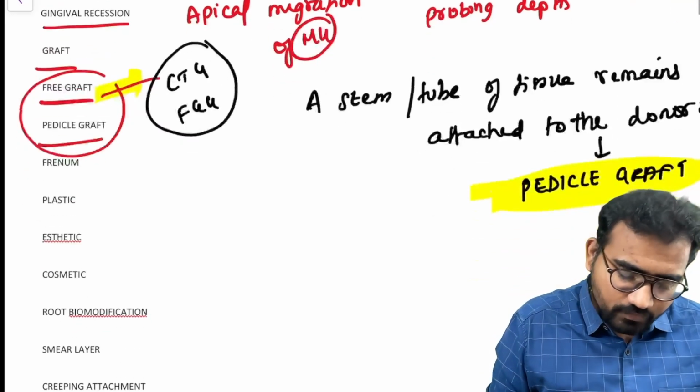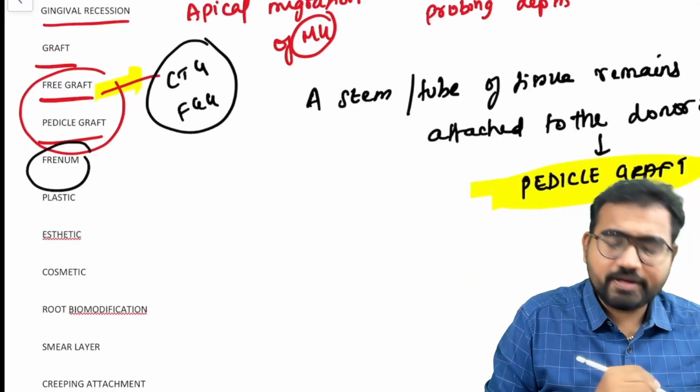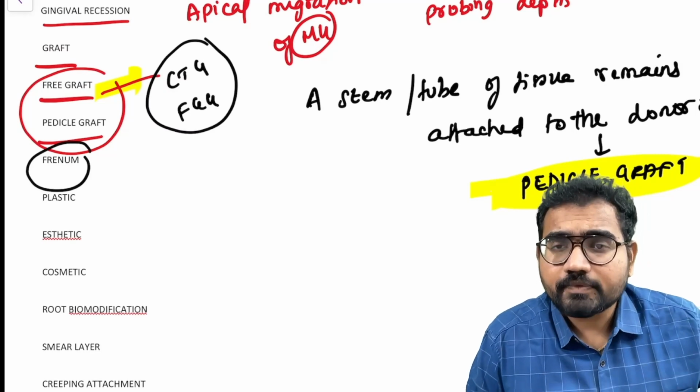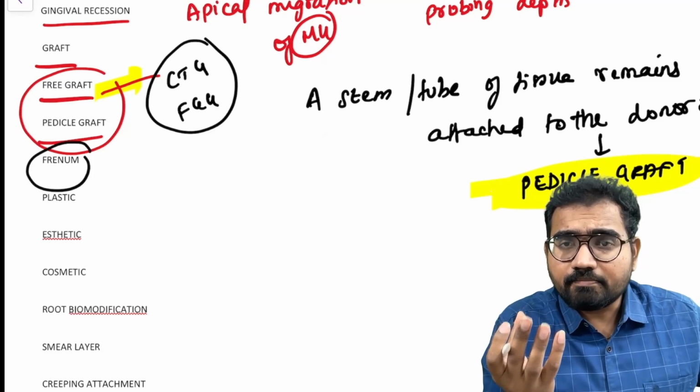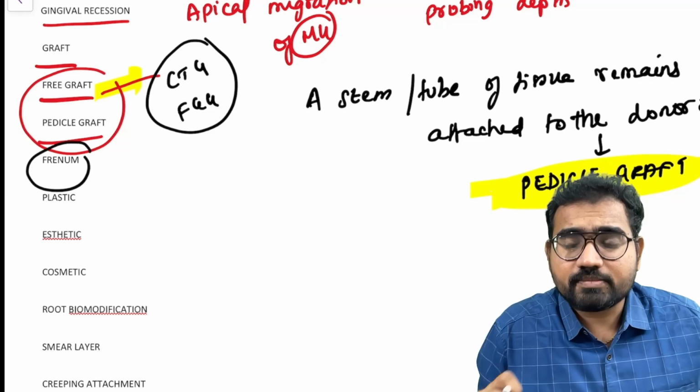Fine, very good. So now coming to frenum. What is a frenum? A frenum is a bundle or a cluster of muscle fibers.